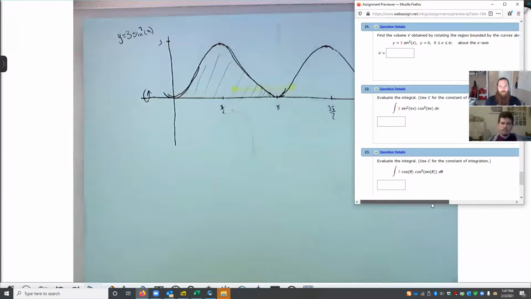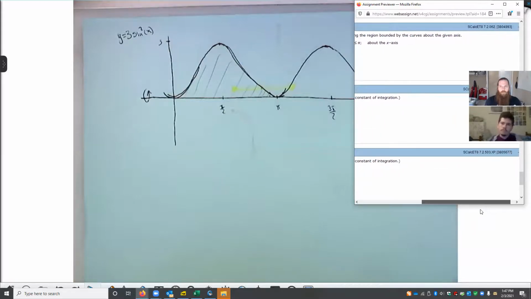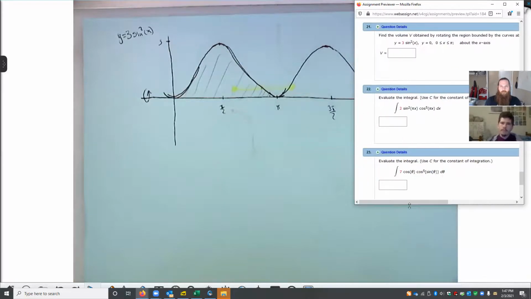I can use the disk washer method or the cylindrical shells method. It's probably simpler just to use the disk washer method. For sure, much simpler. Why? Because doing the cylindrical shells method would require you to put that function into terms of y, which would be a little bit difficult to do with this.